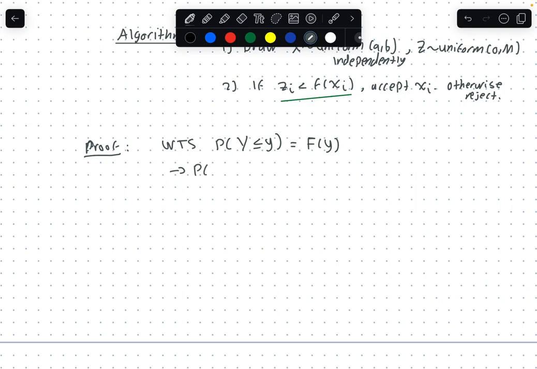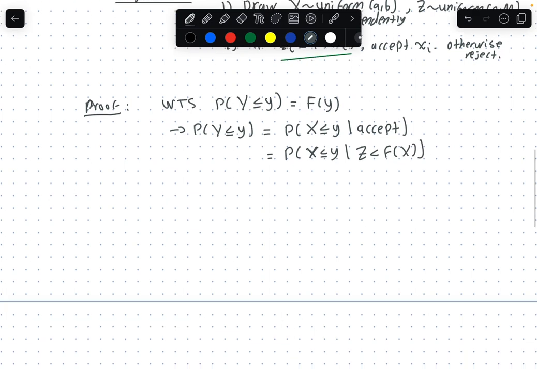Now, if we start with the probability that y is less than or equal to little y, then this is the same thing as the probability that x is less than or equal to little y, given that you accepted the sample. So in other words, given that this x is actually a sample point from f of y. Now, to accept the sample, the criteria is that z is less than f of x.